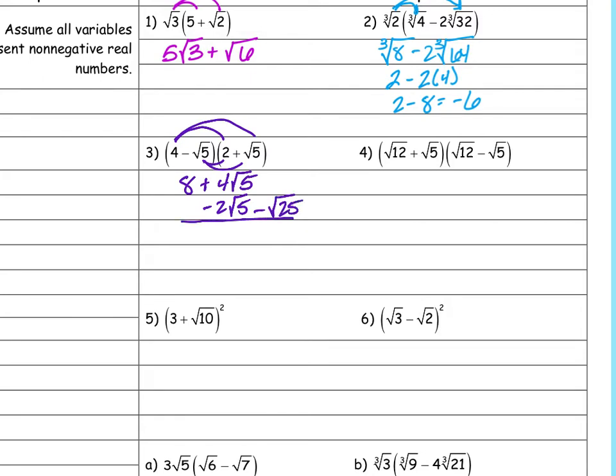So that's 8 plus 2 square root of 5 minus 5. 3 plus 2 square root of 5. Done. Questions? Not too bad, right? Tua, you have any questions?